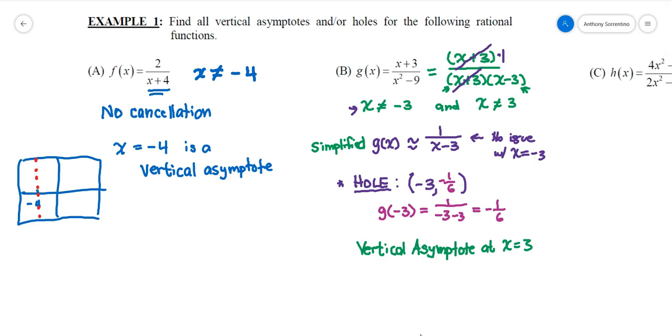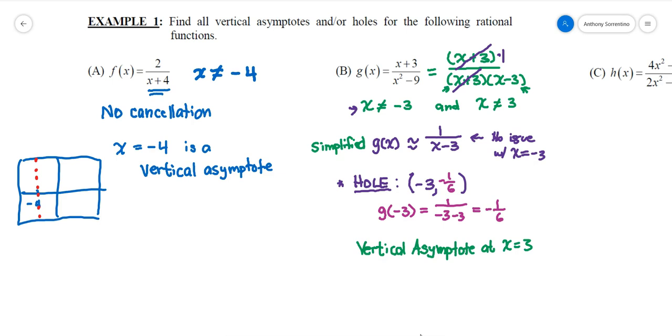Once I determine what my domain restrictions are, if the cancellation eliminates one of those domain restrictions, that becomes a hole. If there is no cancellation I can do, or once I simplify the expression, the domain restriction I noted before is still a problem, then it is going to be a vertical asymptote.